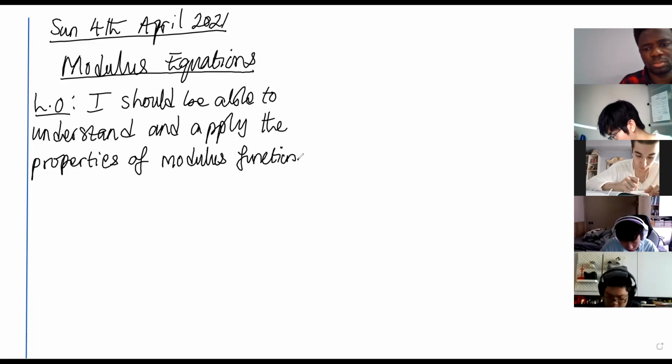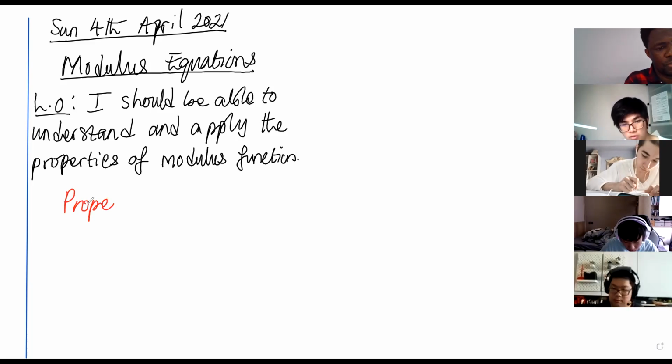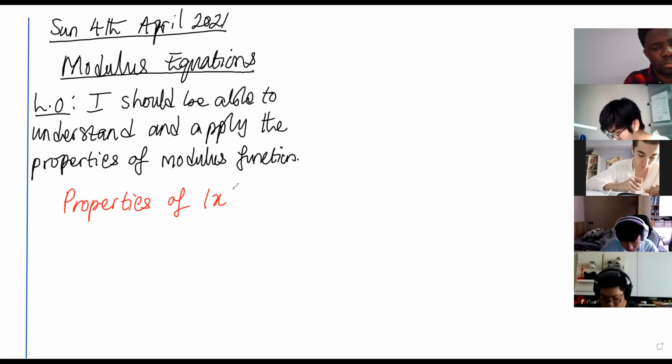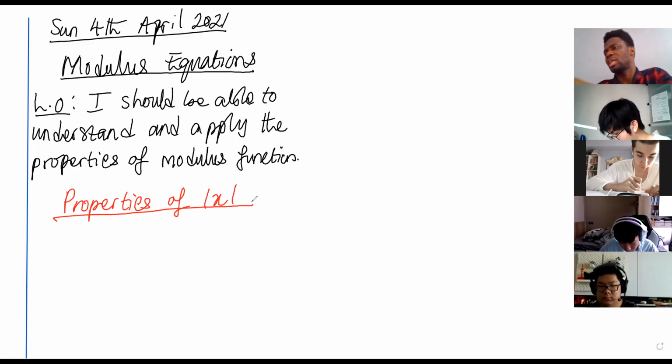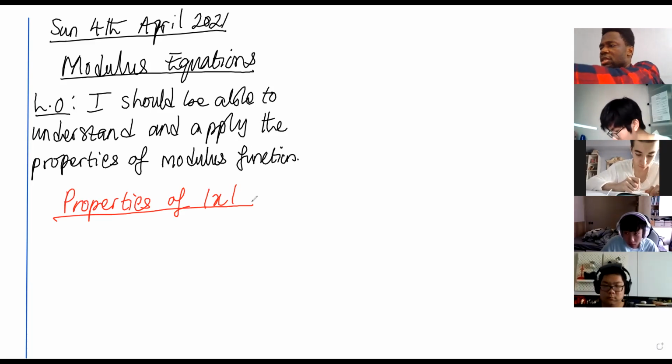So the properties. As said earlier, it is non-negative.